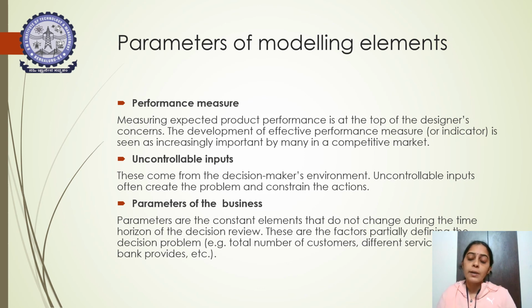There will be many parameters which will keep on changing while taking a decision for a particular product, but there will be some stagnant parameters which cannot be changed at all. These are called the constant elements which are very essential for the business, the constant parameters for any particular business.